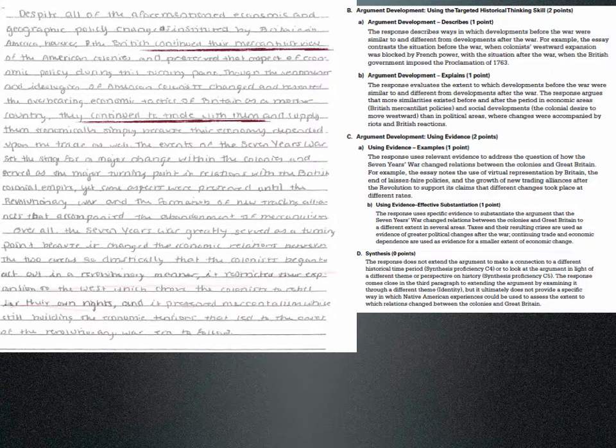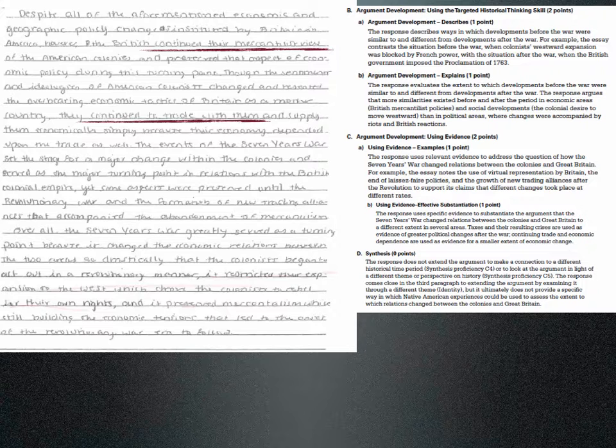Also, again, you can see the underlined portions with mercantilism and the continuing to trade. And that was what we were just talking about, is that these were things that were the same before and after the war. And let's move on to part C on the scoring rubric.